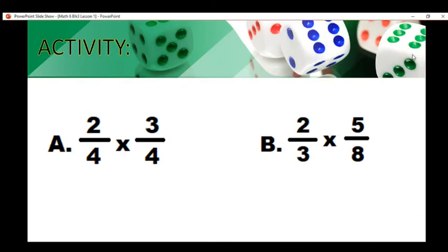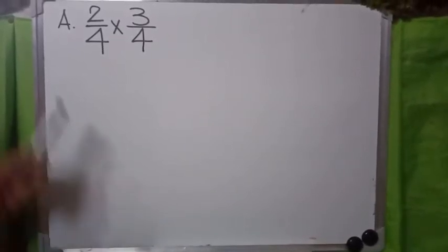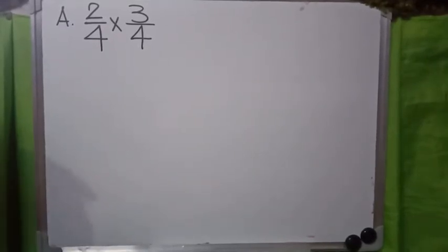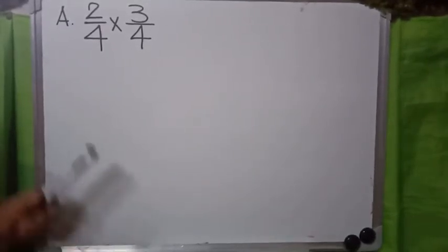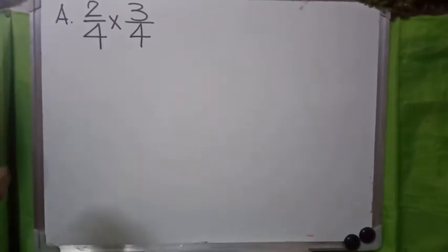Let's start with letter A. We have 2/4 times 3/4. The first thing we need to do is to draw a rectangular strip.